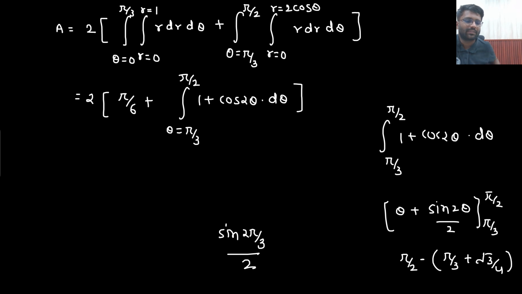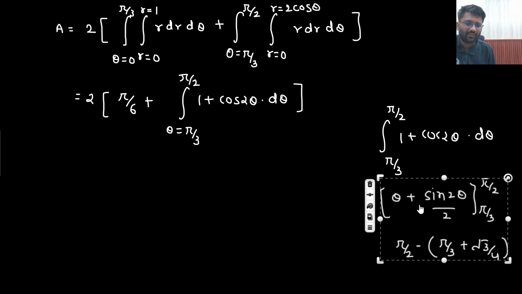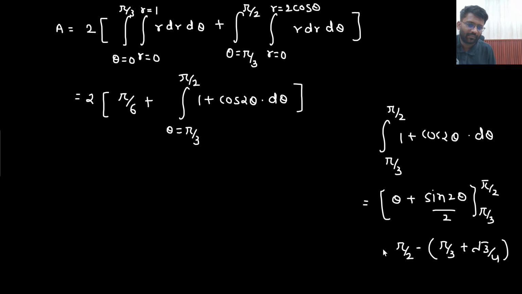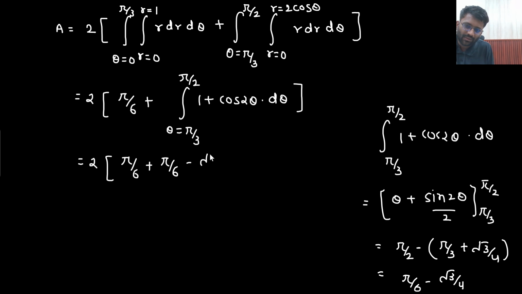Now what is pi by 2 minus pi by 3? That will become pi by 6, right? So pi by 2 minus pi by 3 will become pi by 6 minus under root 3 by 4. So what answer you will be getting? Pi by 6 plus pi by 6 minus under root 3 by 4.